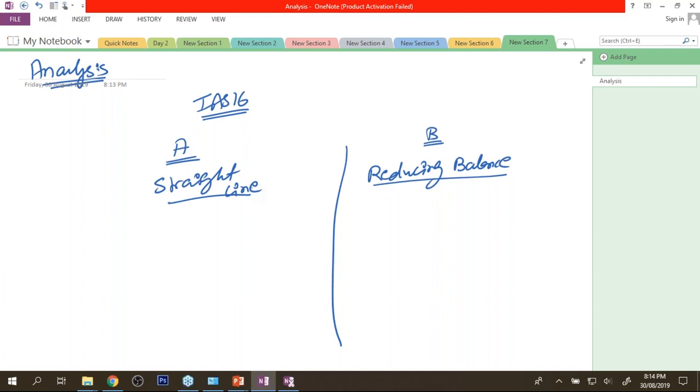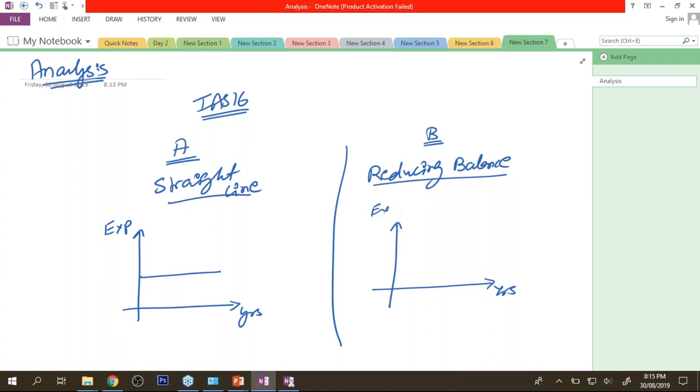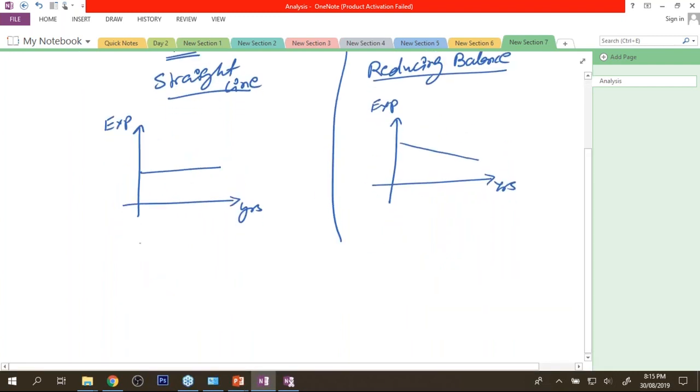Basically, we say that in case of straight line depreciation, the expense for every year is going to be the same. But in case of the reducing balance method, the depreciation expense is going to reduce over the period of time. This means that in case of the straight line method, we are going to have lower profits as compared to the reducing balance.